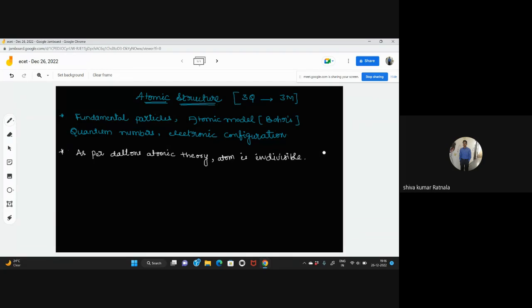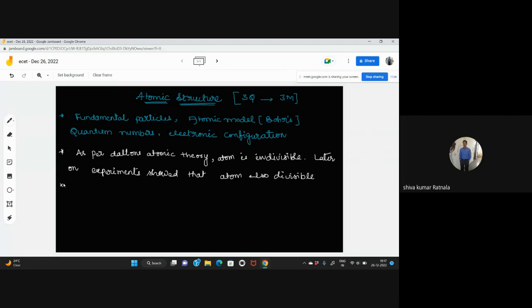But later on, experiments showed that the atom is also divisible.